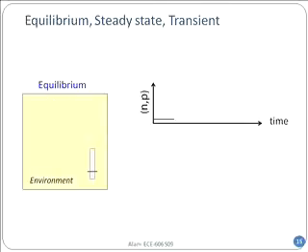Consider that we have a room, the yellow room, with a thermometer on the right hand side, at whatever the temperature of that room is. My computer, in green, is sitting there in equilibrium with the room.